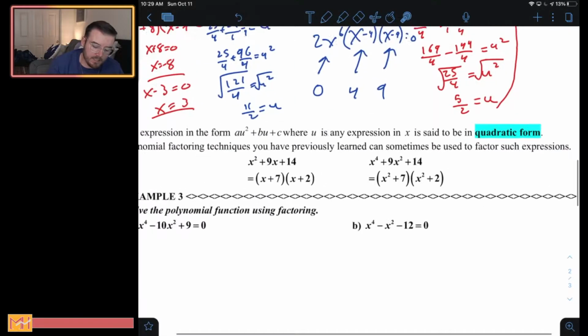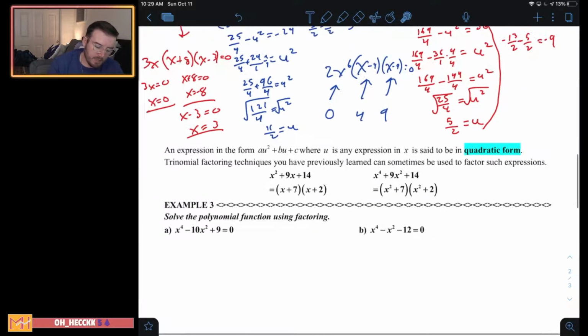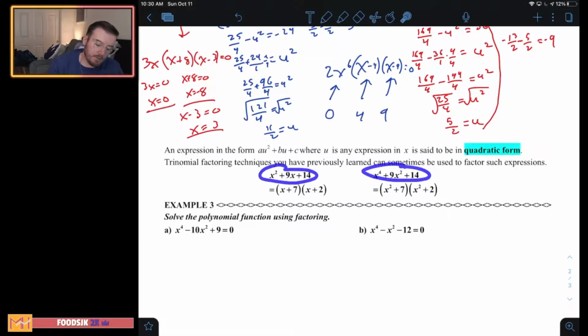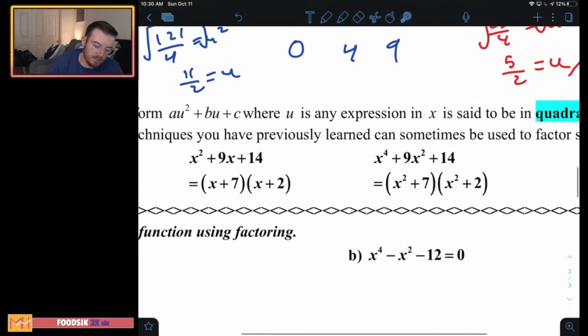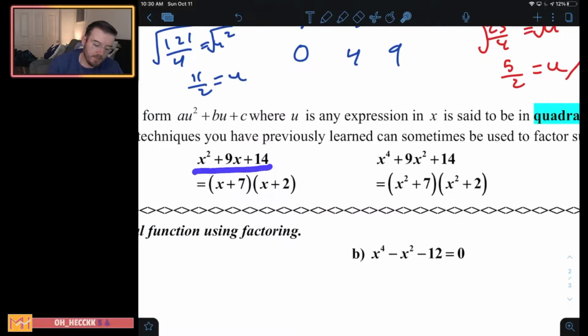The comparison we're trying to make here is that an expression in this form is in quadratic form. You see the comparison we're trying to make here? Look at these two expressions. They're eerily similar, but this one has x to the 4th and x squared, where this one has x squared and x. This guy factors into this.